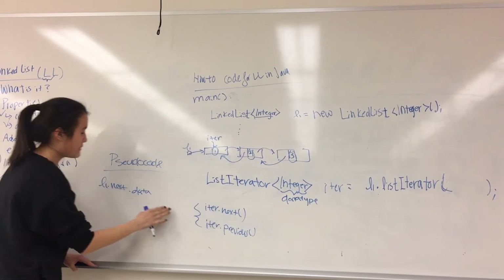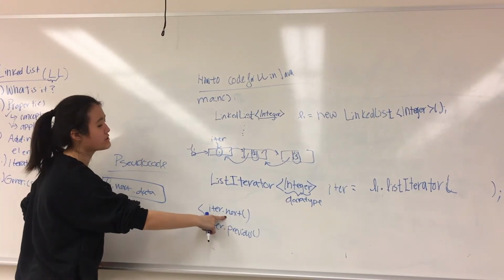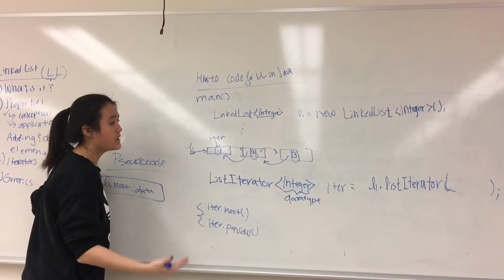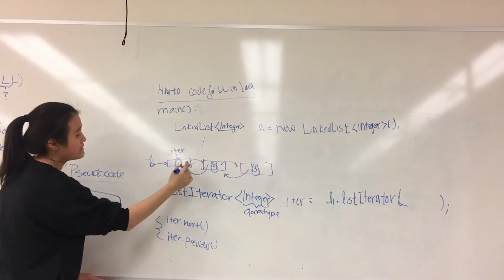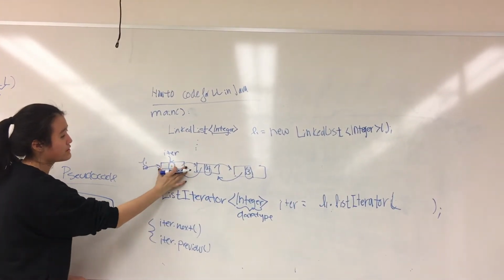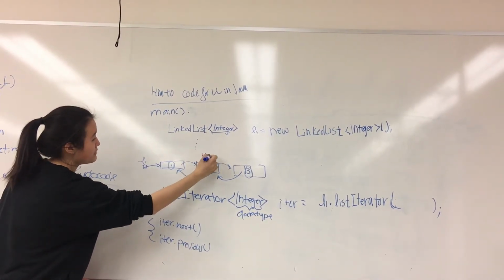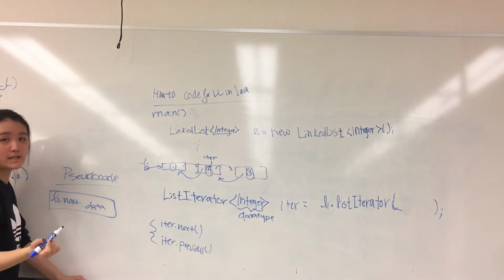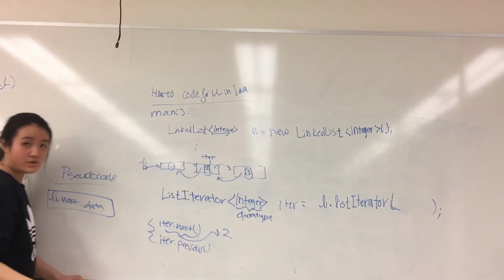So iter.next basically does this entire operation right here. iter.next is not going to return the node itself, it's going to return the data of that node. So iter is pointing here, and iter.next is going to point to the next node now, and it's going to be specifically pointing to the data, so this will return 2.